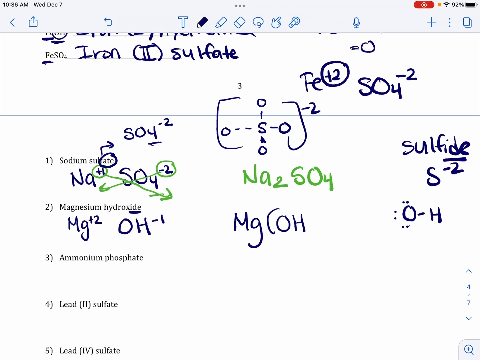So we need to put it in parentheses to represent that that is one molecule and that polyatomic we want 2 of. If we didn't put that in parentheses, it would look like this. That's saying that we had 2 hydrogens and only 1 oxygen, but I want 2 of those polyatomic ions. So this is not correct. We need that polyatomic in parentheses.